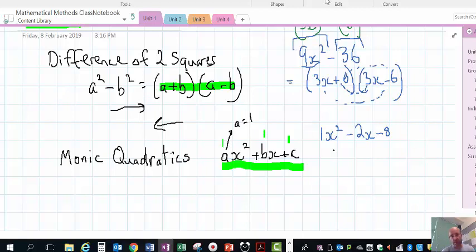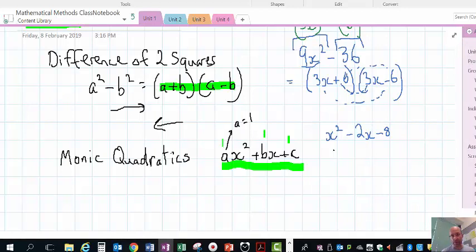Alright, so I'm going to take it away, but just understand there is a 1 there. And b would be negative 2, because you could go plus negative 2. And same with c. C is negative 8, because it's the same as plus negative 8. So it does follow that pattern there.